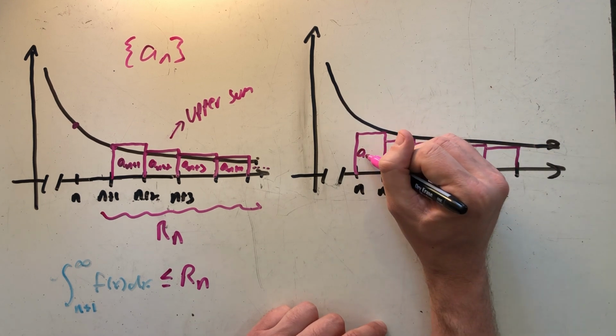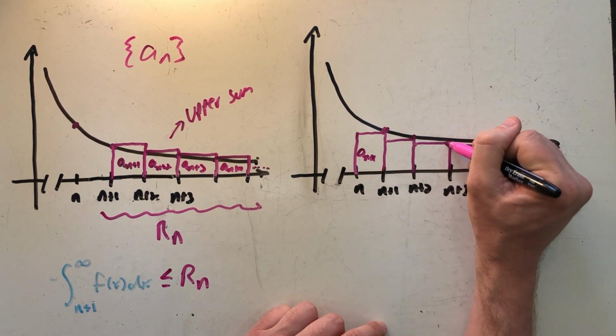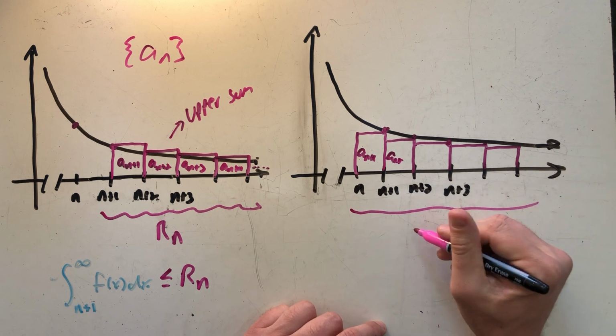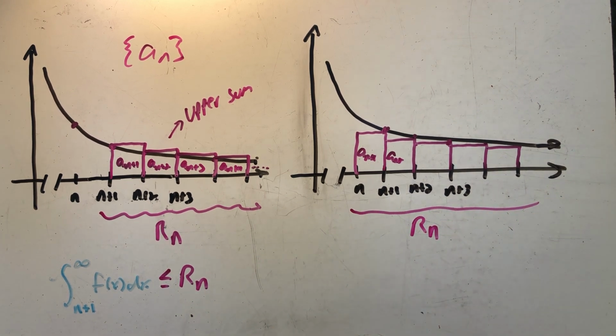And again, that's a sub n plus 1, right? I go up, I hit the function, and I have a rectangle with a length of 1. These rectangles, well, that's r sub n, right? That's my remainder. Well, if I shade forever, at least.